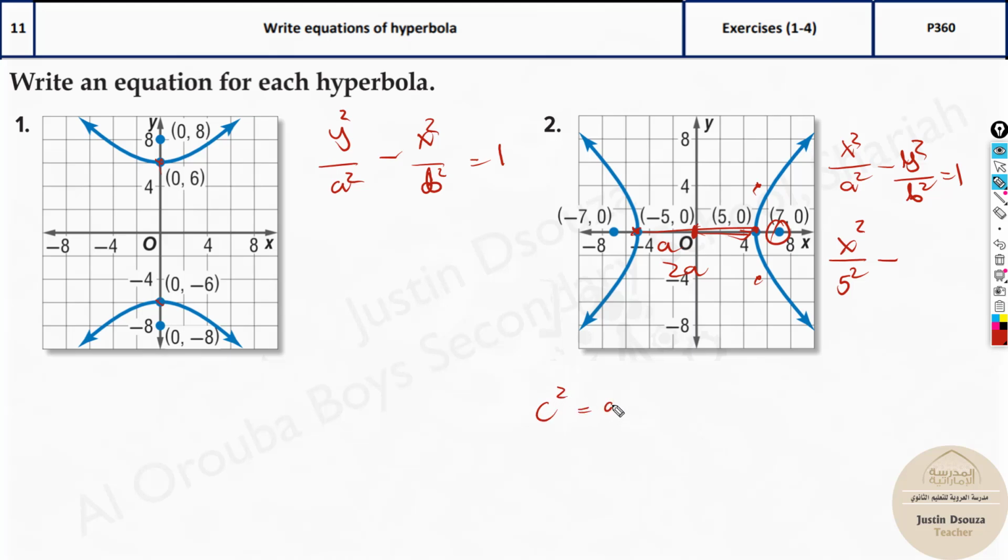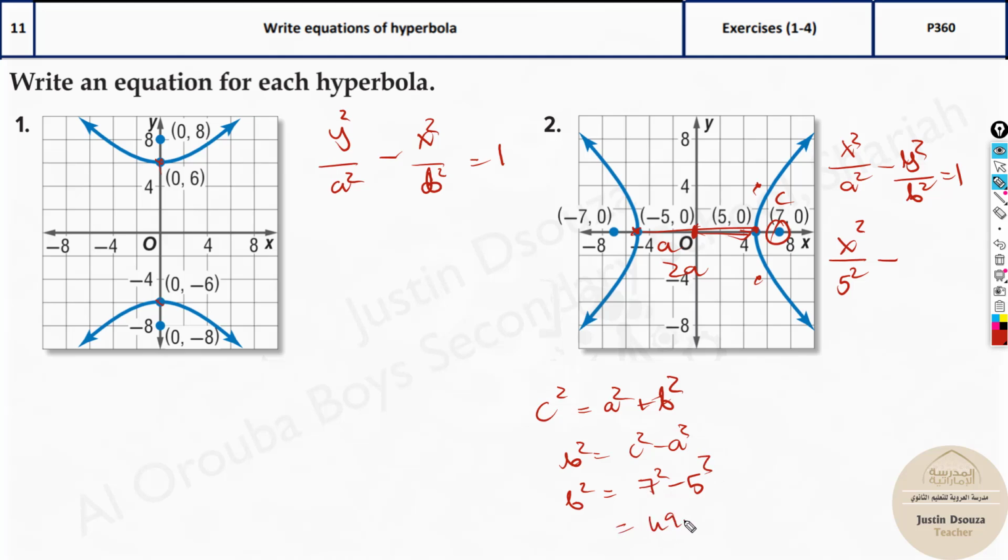The focus point is 7. There is a formula that relates all this: c square equals a square plus b square. So I can easily find the b square value from these two. So b squared will be equal to c square minus a square. What is c square? The c value is the focus value, that is 7. 7 square minus, we know a square is 5 square.